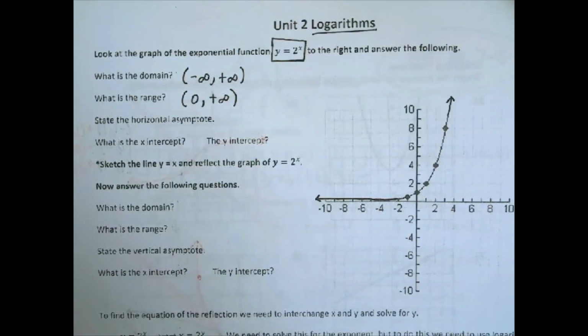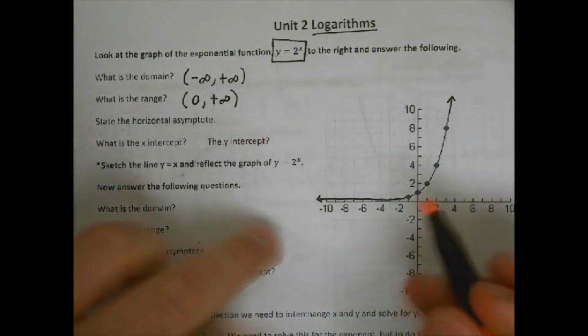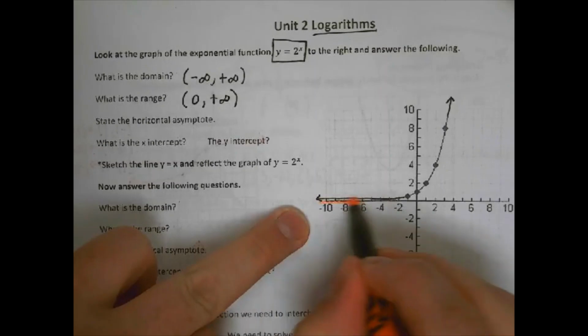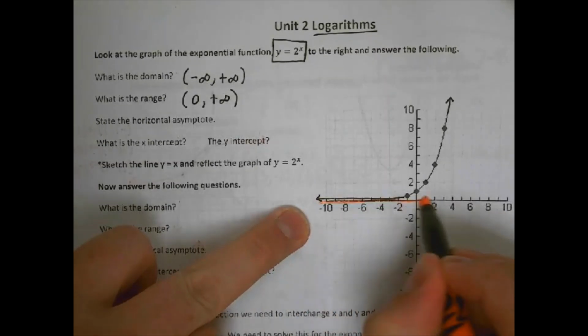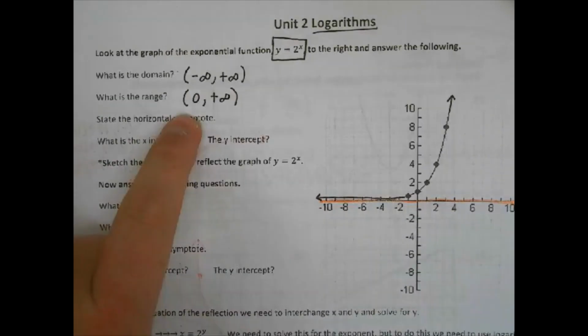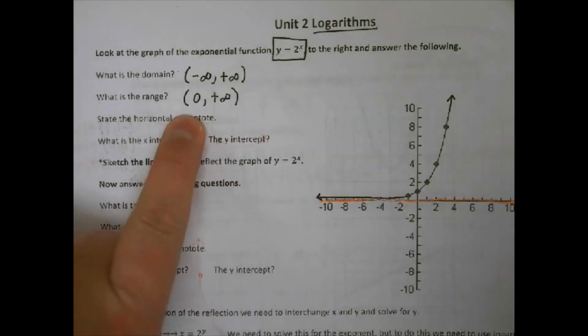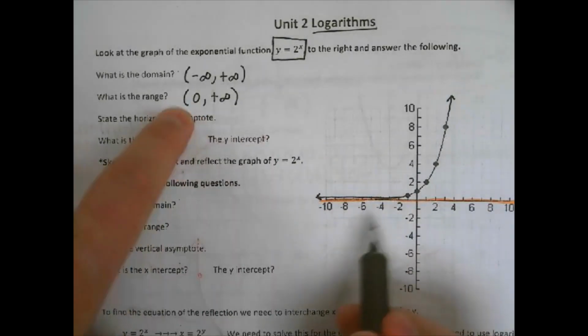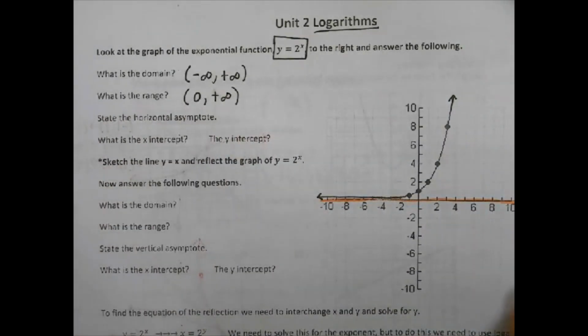Now, if you see here, notice that there is an asymptote right here. An asymptote is a line that the graph never touches. So the reason that the 0 doesn't have a bracket is because I can never touch 0. So it's from 0 exclusively to positive infinity.